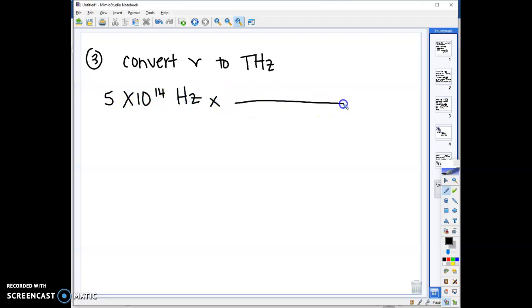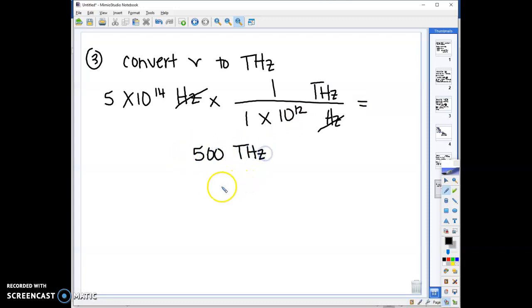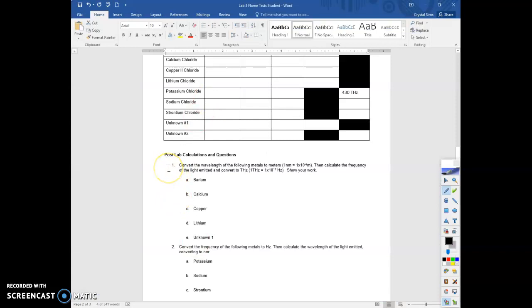I'm going to set up my conversion where I'm going to put hertz on the bottom and terahertz on the top, so my hertz will cancel. I get 1 times 10 to the 12 hertz in 1 terahertz, and my answer is going to be 500 terahertz. So that is how you work number 1 on your PostLab.